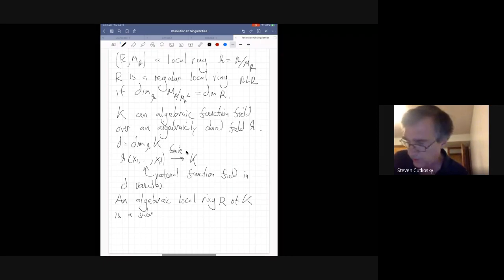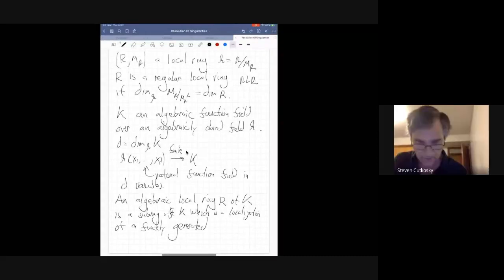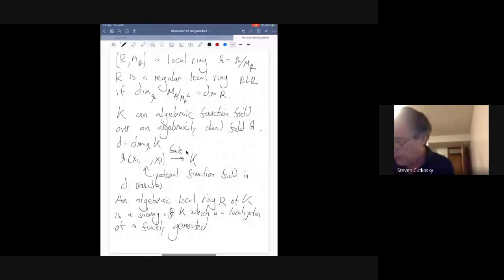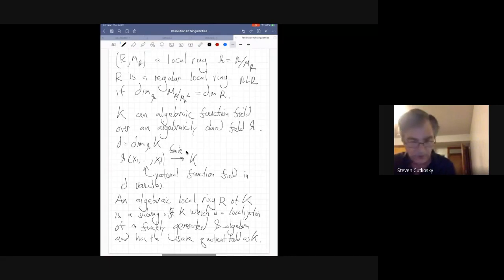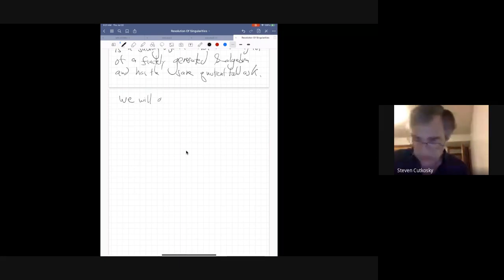So this is a subring of K, which is a localization of a finitely generated k-algebra, and has the same quotient field as K. Okay, so to make things a little more straightforward, we will generally assume that k is the residue field.